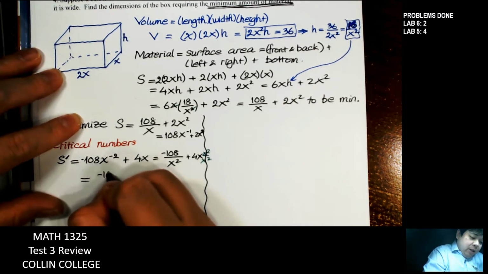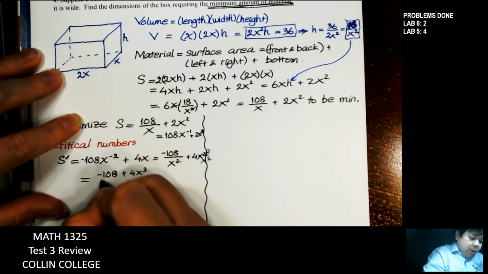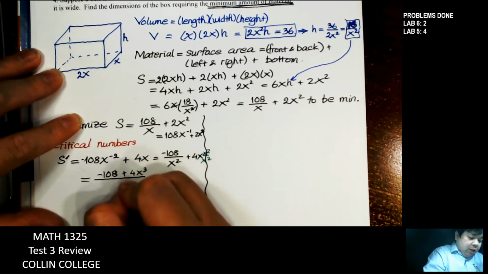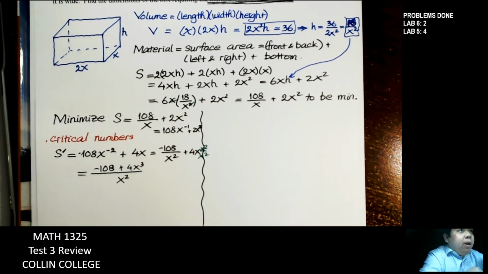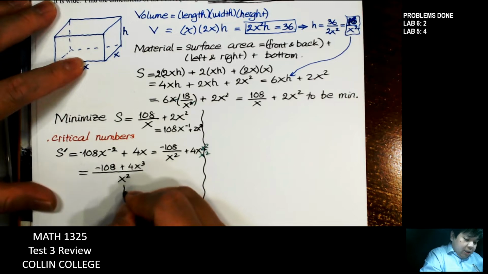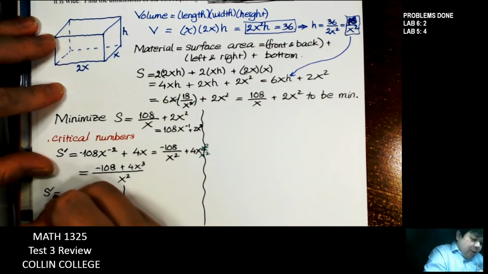For a common denominator, we'll multiply x squared top and bottom here. So we'll get negative 108 plus 4x cubed over x squared.